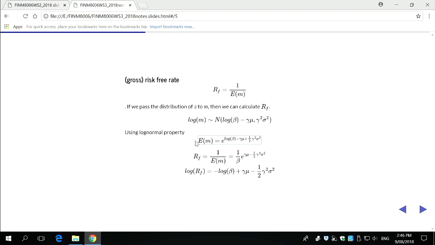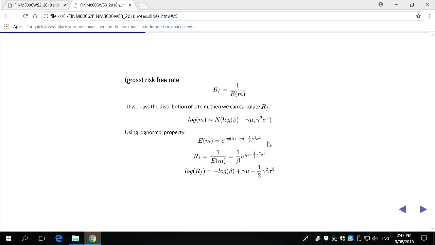So that equals e to the power of this log beta minus gamma mu, that's the mean from here, right? So mean plus half the variance. Variance is gamma square sigma square. So e to the power of mean plus half of the variance, so half of gamma square sigma square.